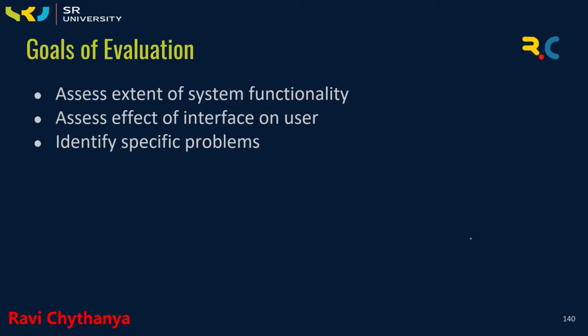The next is to assess the effect of the interface on the user in terms of visibility, audibility, or usability. This evaluation is going to identify problems in specific areas like the design and the user interface, in terms of navigation, screen design, and layouts. All these considerations are going to be tested and evaluated, and there we are going to identify some specific problems. So these are the goals of the evaluation.